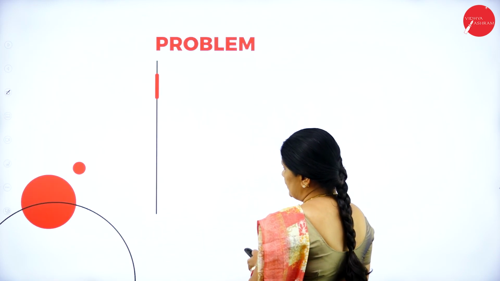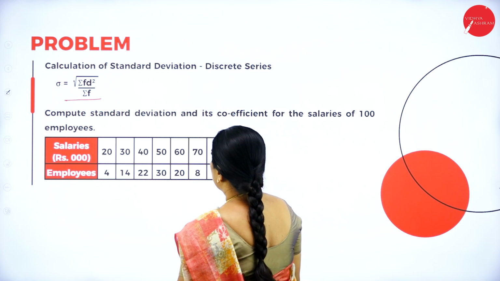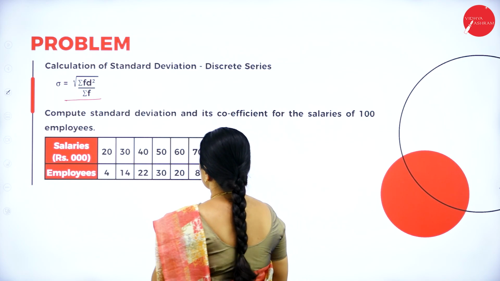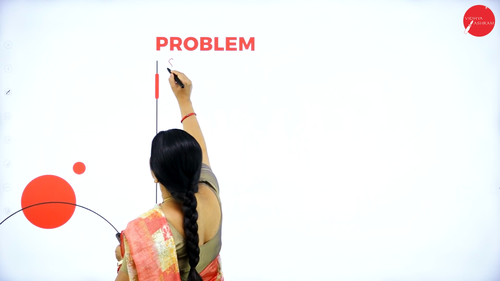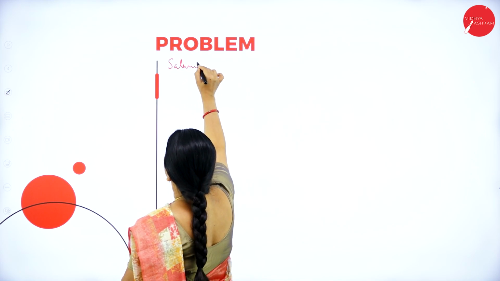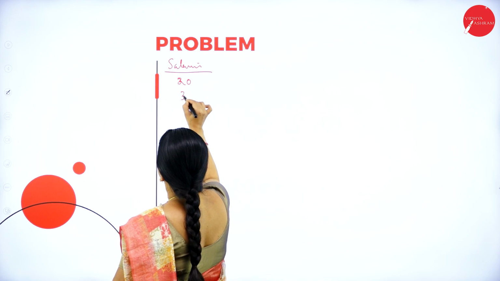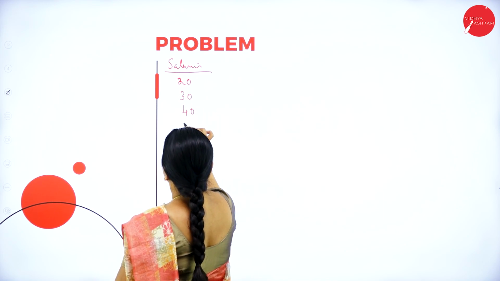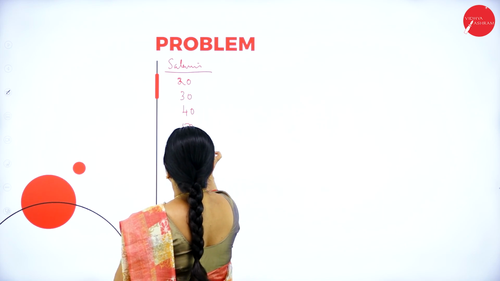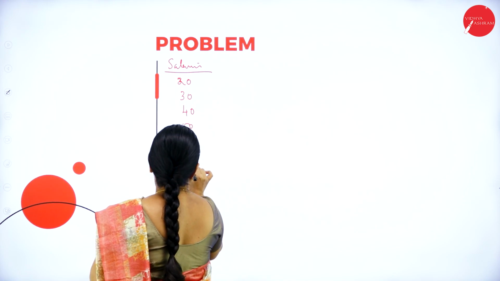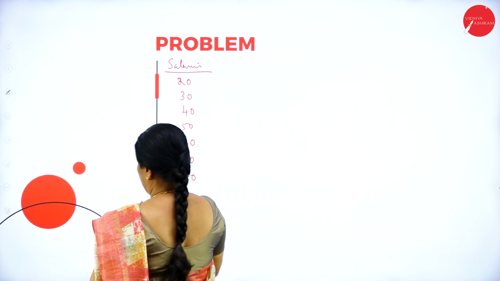So we'll note down the problem here. The salaries are 20, 30, 40, 50, 60, 70, 80.